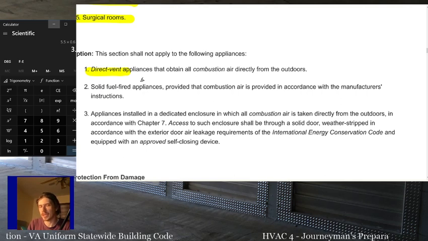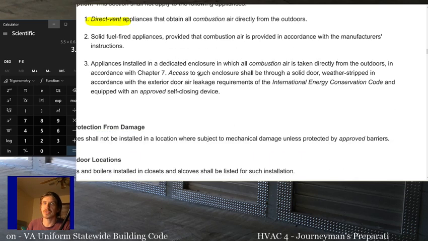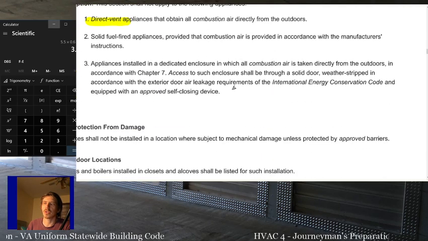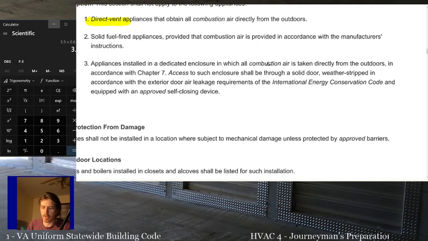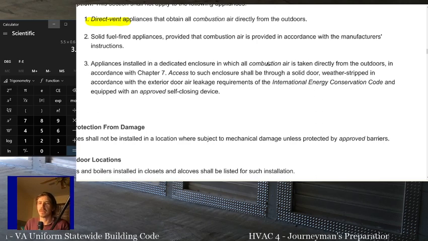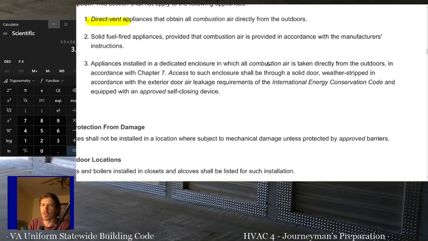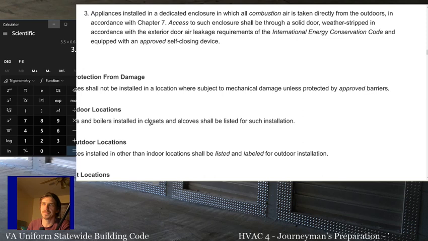Okay, because there's fuel, there's gas fumes in the garage. So since they can't be located in the garage, to make it not part of the garage or to make it not a storage closet, you basically put an outside style door on it. You put an outside style door on it that automatically closes if you let go, and that is weather stripped, so that basically you're making a weather tight room from the other room, and that's the idea.